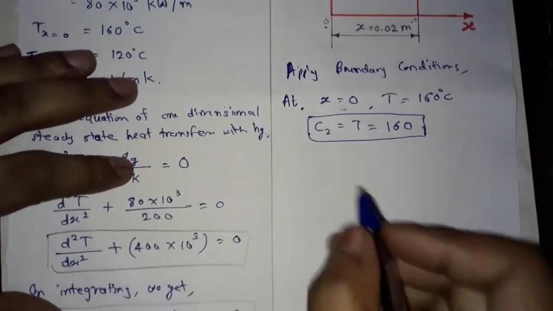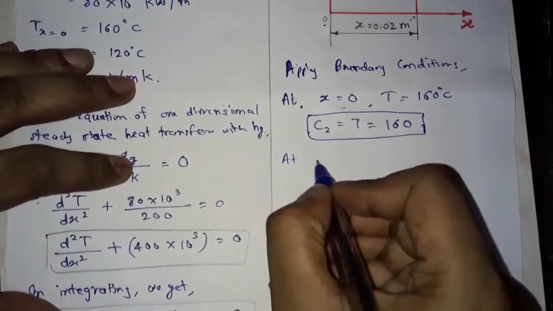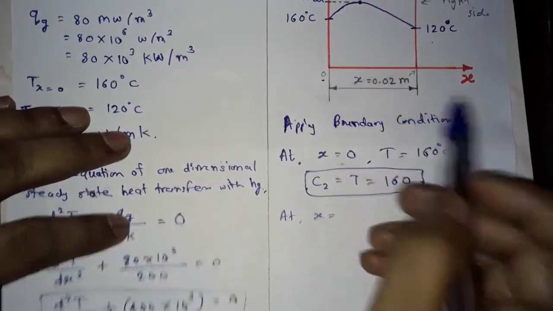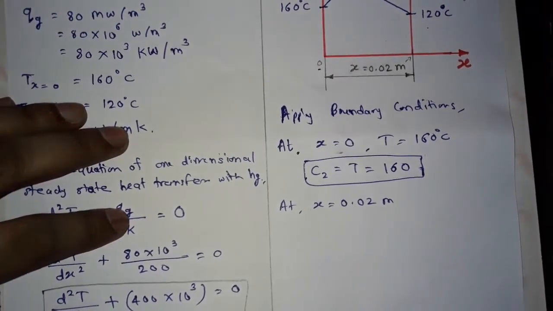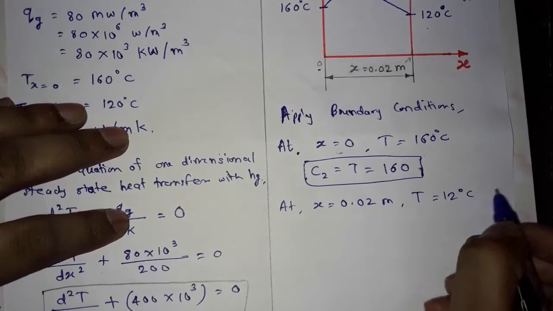Now the second condition we have here is at x is equal to 0.02 meter. At this we have T is equal to 120 degrees Celsius.